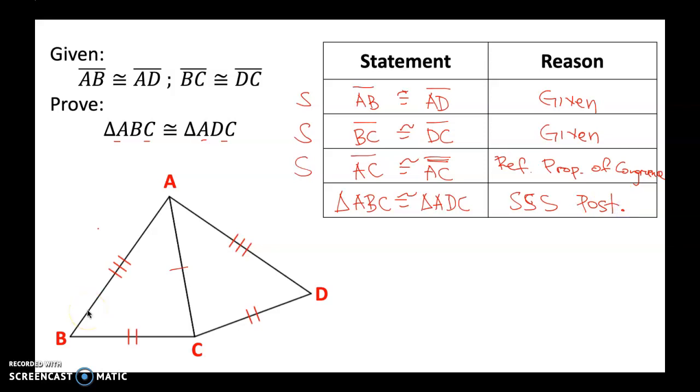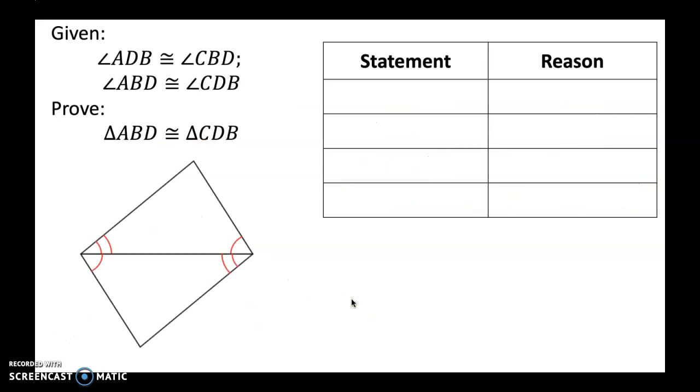Let's prove another example. So we have angle ADB congruent to angle CBD and angle ABD congruent to angle CDB. Prove that triangle ABD is congruent to triangle CDB.